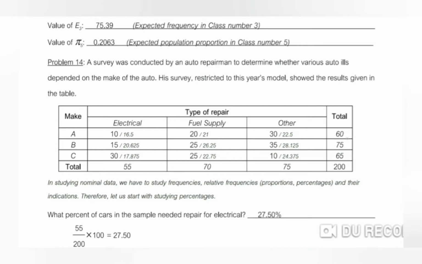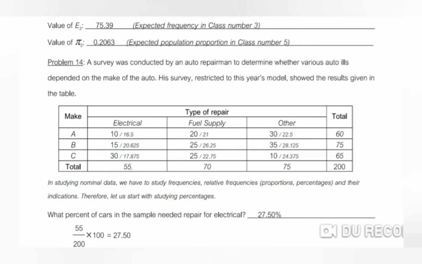R1 plus R2 plus R3 is equal to 200. He observed totally 200 autos. Therefore, we write small n is equal to 200, sample size, total frequency. If you add up column 1 frequencies, 10 plus 15 plus 30 is equal to 55.